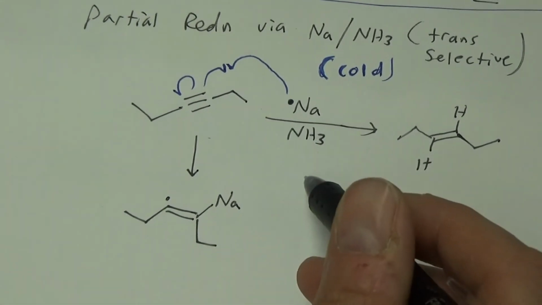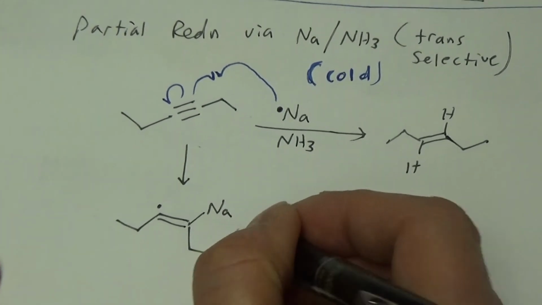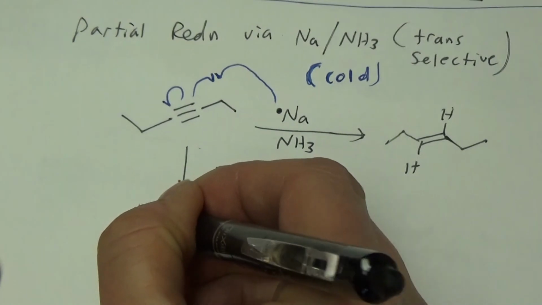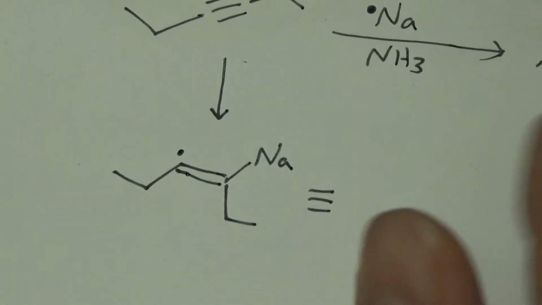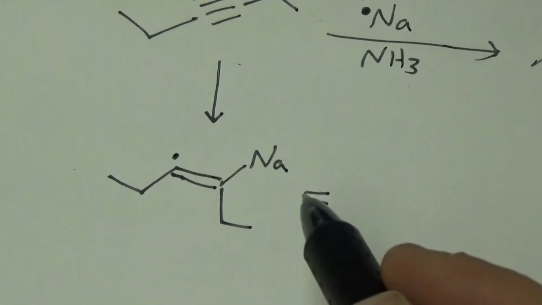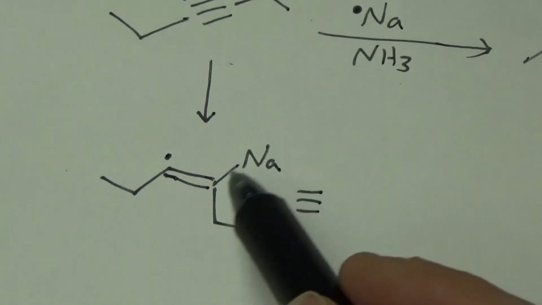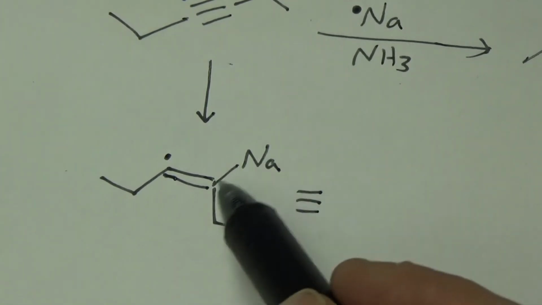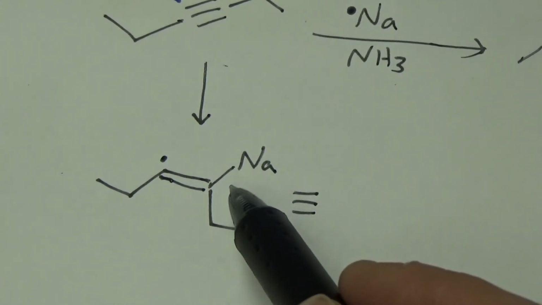Is this a happy molecule or an unhappy molecule? Well, you got a radical, so it's kind of unhappy. It's also unhappy because the carbon-sodium bond is like an organolithium or a Grignard, right? That's super unhappy and super reactive.